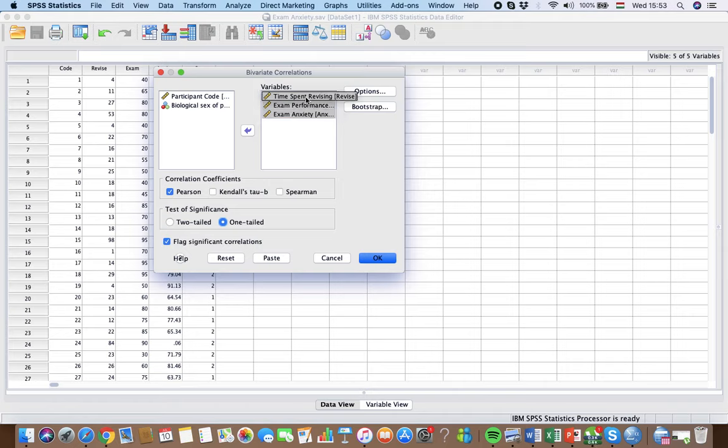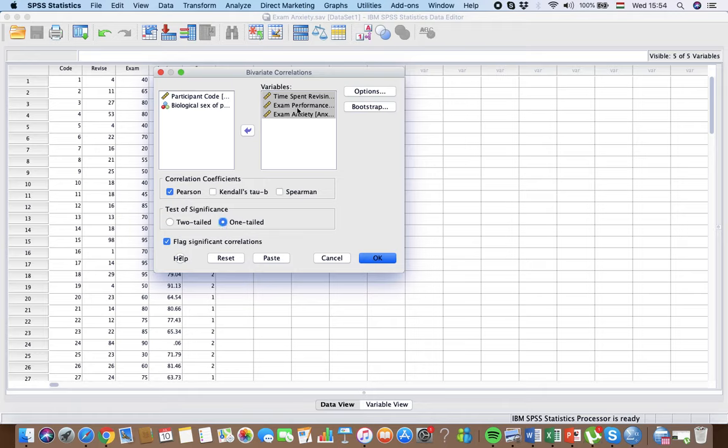Or the more time you spend on revising, the better you will perform on the test. You choose a two-tailed test when you have no directional hypothesis, so you cannot predict the relationship or the direction of the relationship. Okay, here we choose the one-tailed, and this is all we have to do.